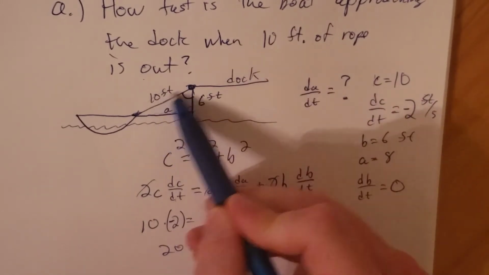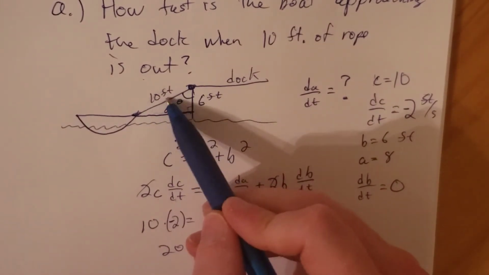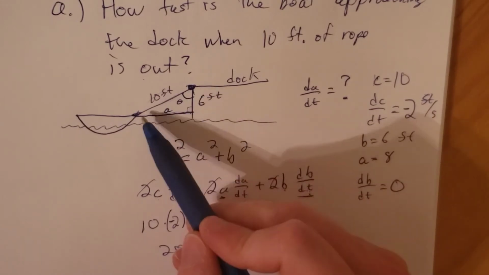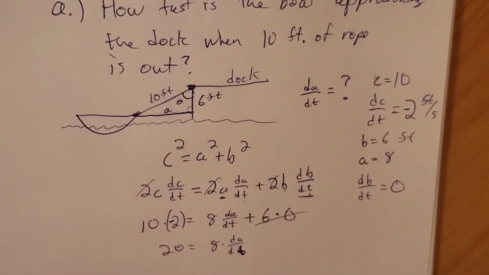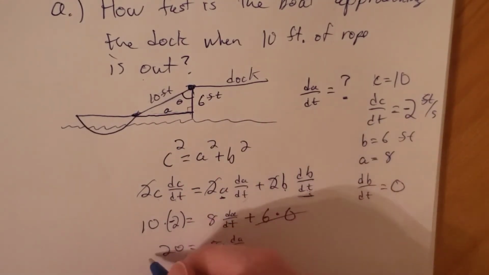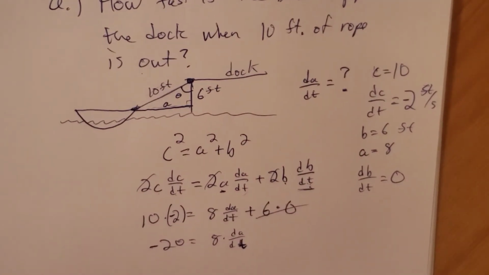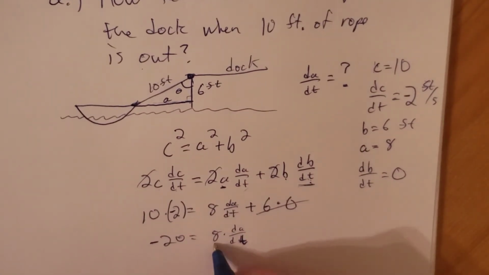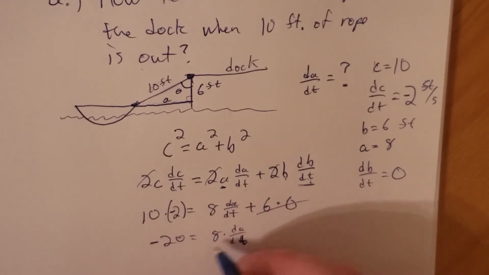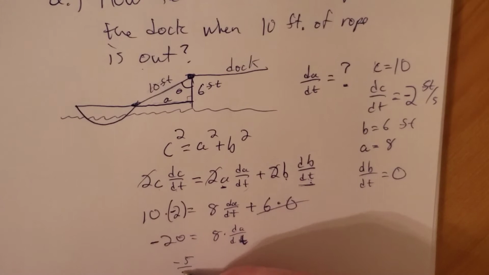That is because the length of this rope here is decreasing, right? We're hauling in the rope, so this is decreasing along the way. So that value should have been negative. So that is negative 20 is equal to 8 times dA/dt. So we divide by 8 and we end up with negative 5 halves is equal to dA/dt.